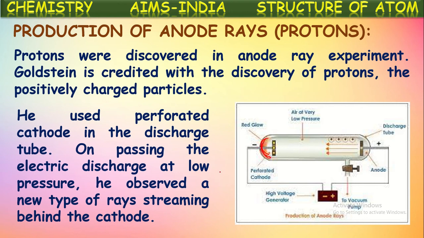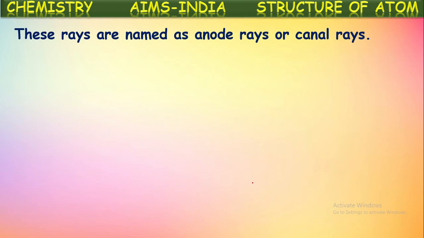On passing electric discharge at low pressure, he observed a new type of rays streaming behind the cathode, striking the screen and glowing. He observed scintillations, so he considered that some particles were moving from the anode side to the cathode side. He called these particles anode rays, also named canal rays.